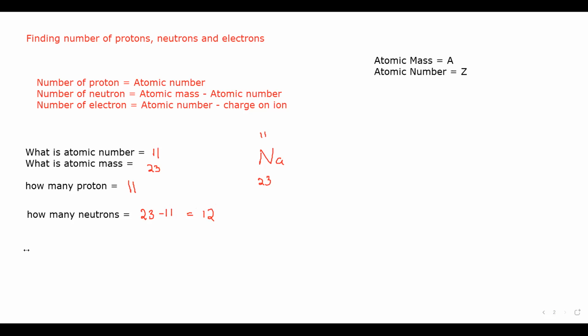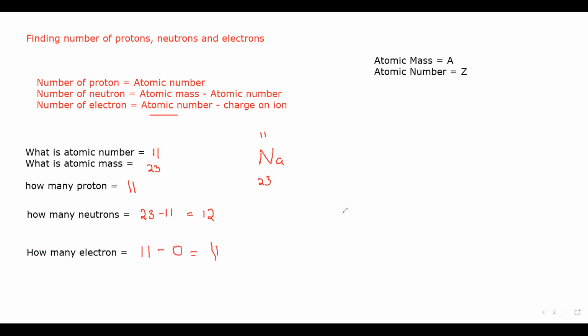And to get electrons, the formula is atomic number minus the charge. So atomic number is 11 minus the charge. Is there any charge on this? There is no charge, so the charge is 0. So 11 minus 0 is equal to 11.